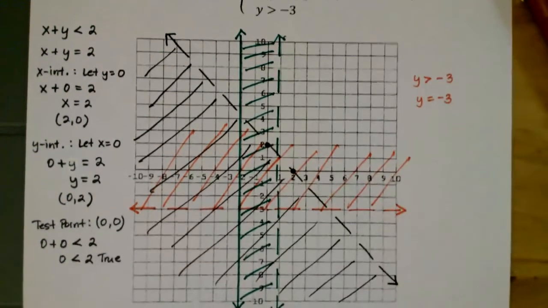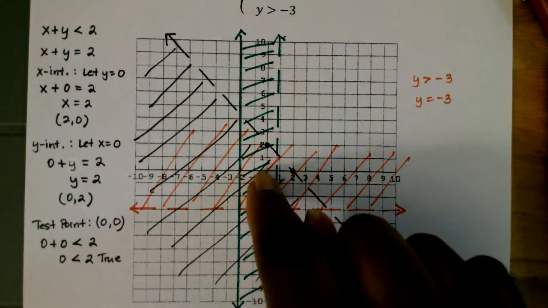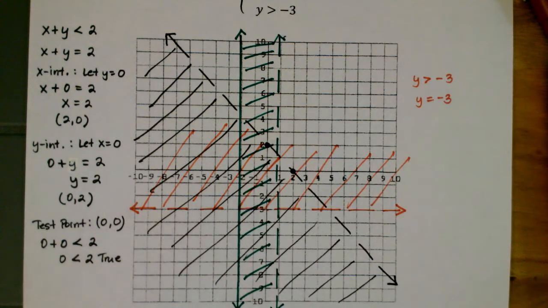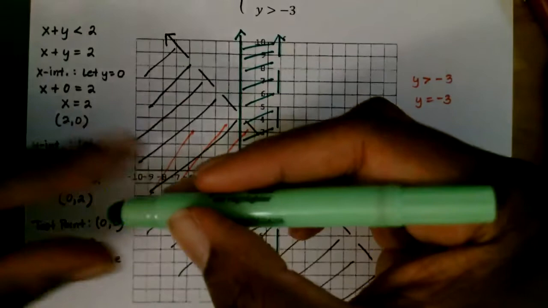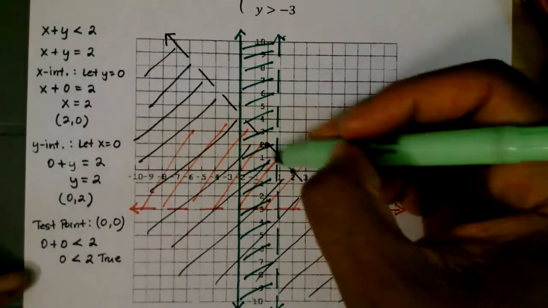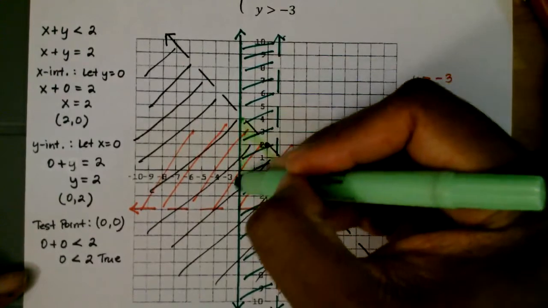Okay, now here comes the hard part, or the fun part. I need to find out the area, or shade the region, where the black line, the red line, and the green line intersect. All right, now you can look very carefully. That region is going to be this part right here that I'm outlining.